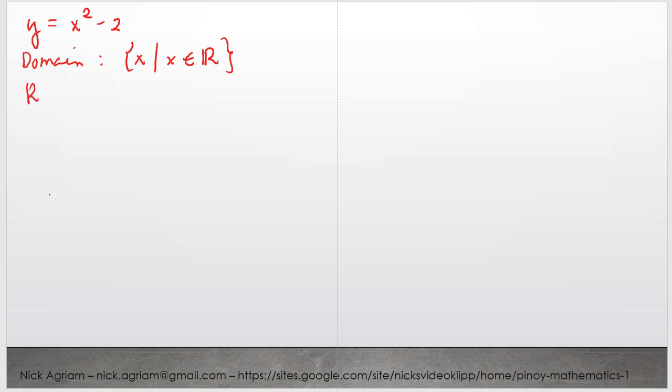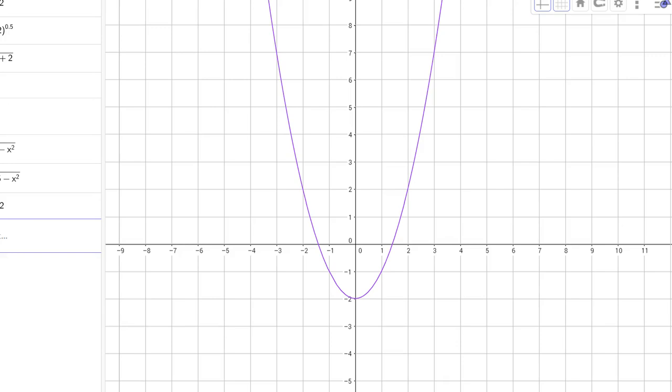My range is y such that y is an element of real number, which is y is greater or equal to negative 2. As you can see there in the graph, it should be more than negative 2. Let's see if we can find some more.